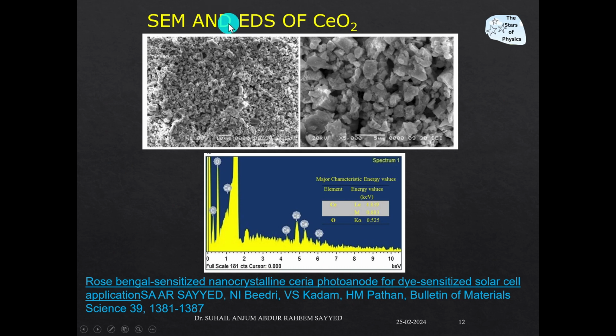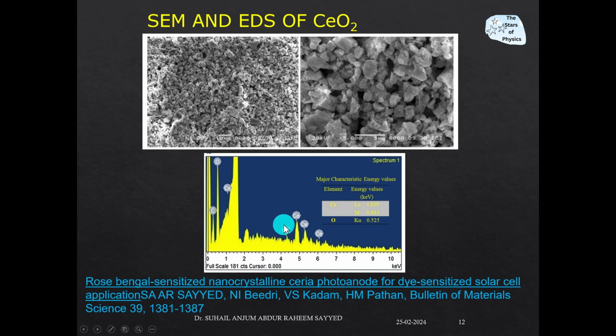Now here we have different SEM images. This shows the SEM image of CeO2, that is cerium oxide, ceria we call it, and this is the EDS of this. Here you can observe that the peak of Ce is approximately half the height of the peak of oxygen. So this means that Ce is present here as half of oxygen.